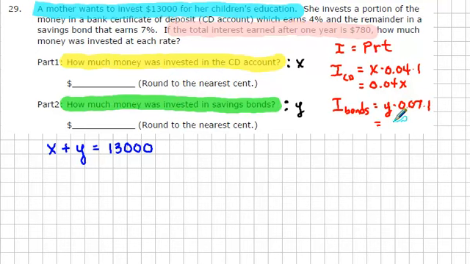So the interest on bonds is 0.07 multiplied by Y. Well, when we add the interest from the CD account to the interest in savings bonds, we know that the total has to be $780. So that leads us to the equation 0.04x plus 0.07y is equal to 780.